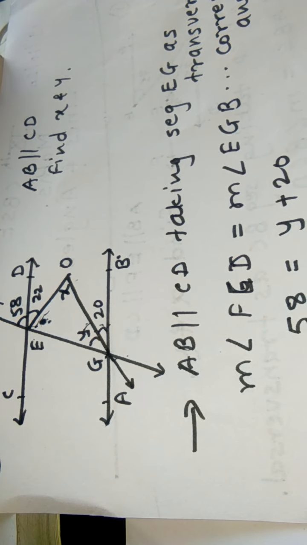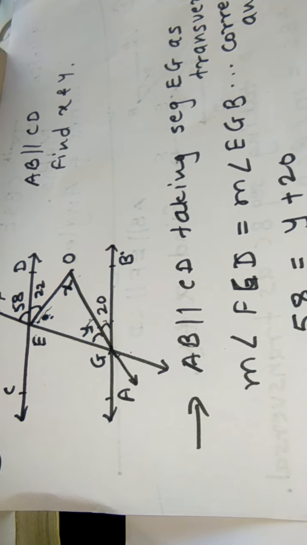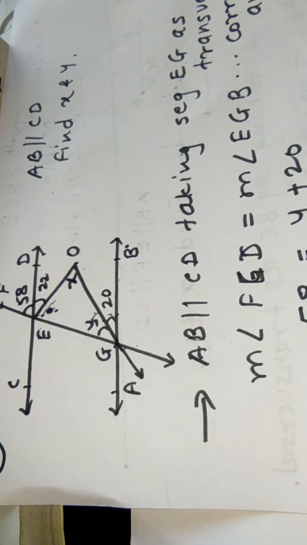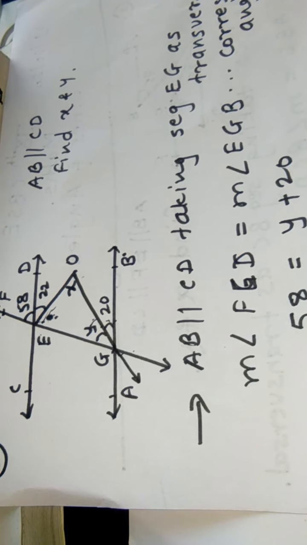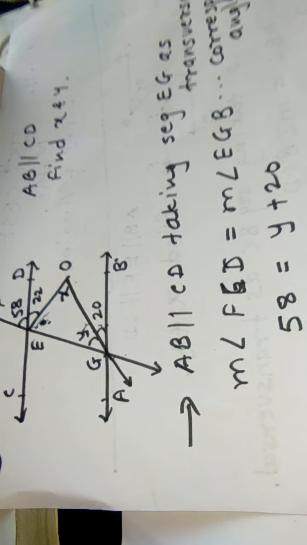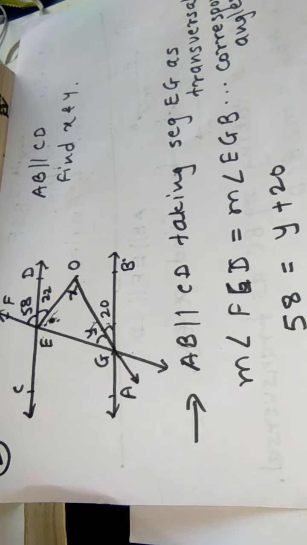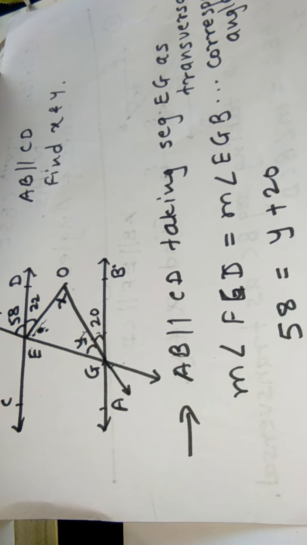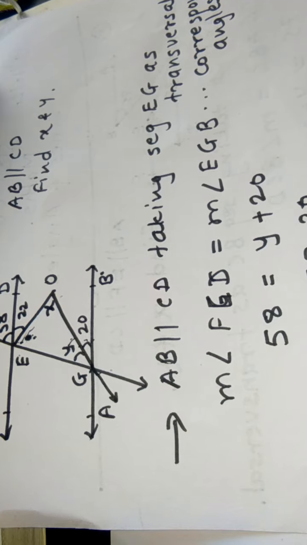Now see from the figure, DEG angle is 22 plus measure of angle GEO plus EGB means y plus 20, it is equal to 180 degrees.